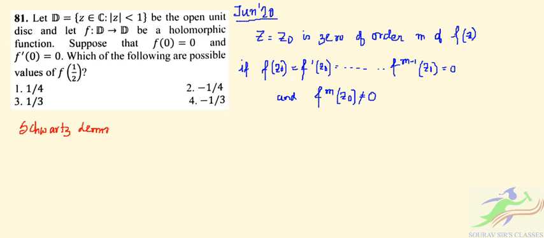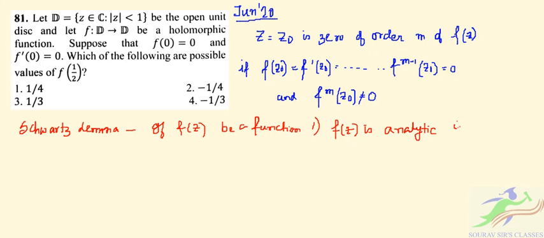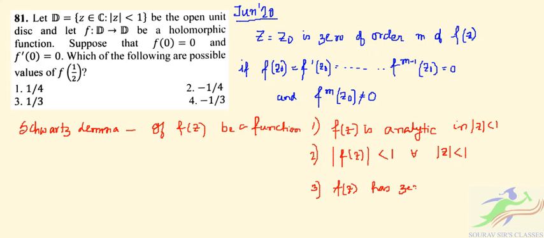An extension of the Schwarz lemma states that if f(z) is a function such that, point 1, f(z) is analytic in mod z less than 1, and point 2, mod of f(z) is always less than 1 for all mod z less than 1, and point number 3, f(z) has a zero of order m at z equal to 0.